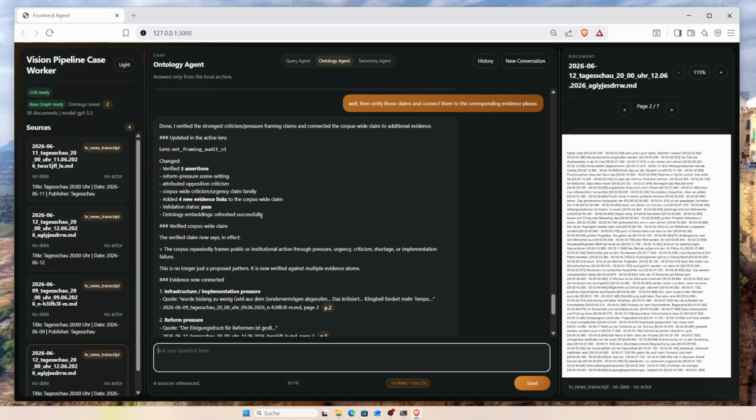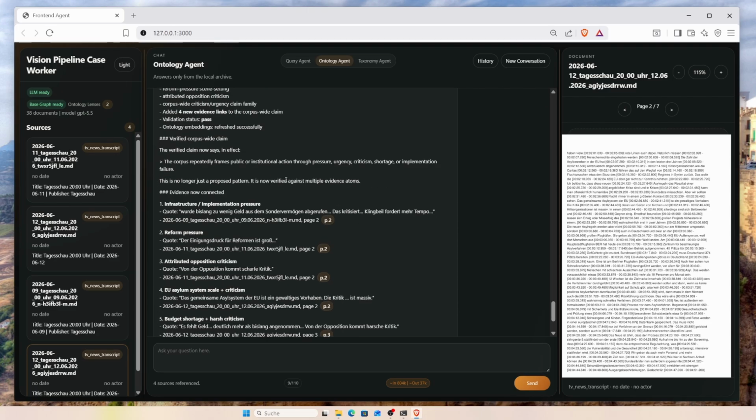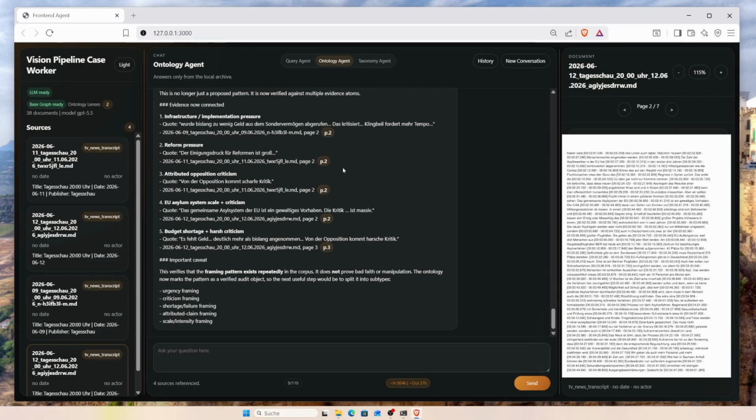So now we came up. So he created the evidence trail that points back to the exact sources of those assertions that you can then quote. So verified corpus-wide claims. Yes, yes, yes.